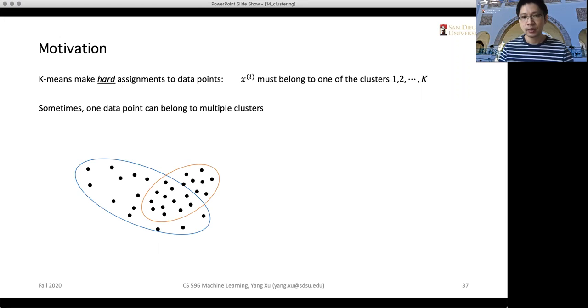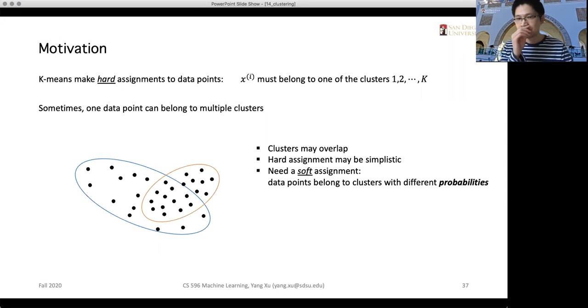Those data points in the intersection of this blue and orange ellipse, in the middle, there's overlap between the clusters, so they belong to both clusters. K-means would not be the most convenient or reasonable way to obtain the cluster information for these overlaps.